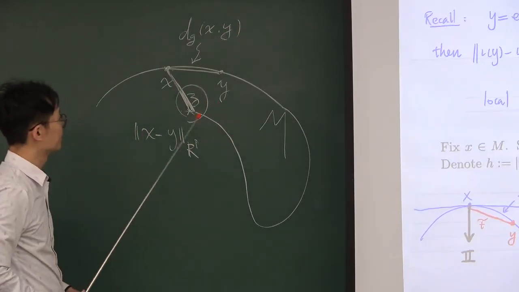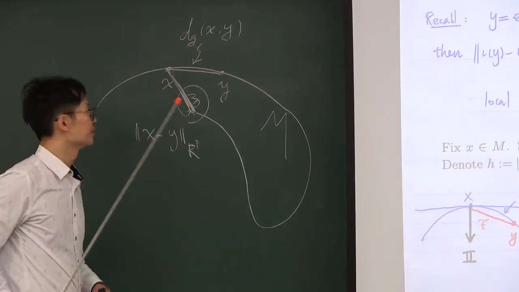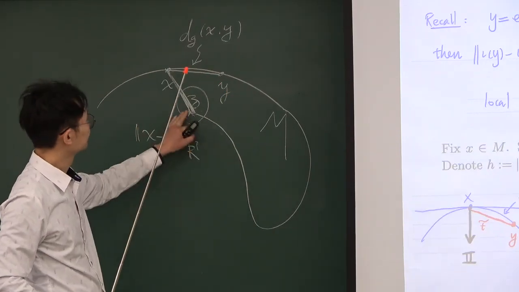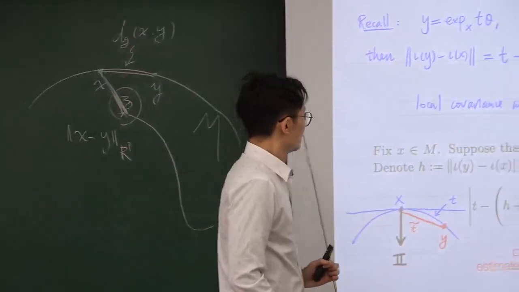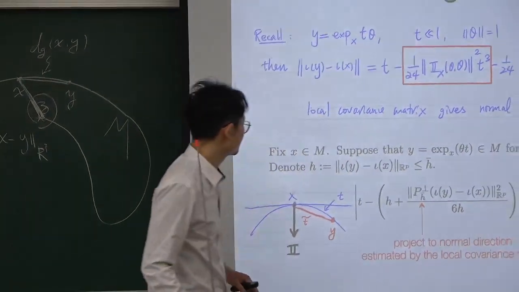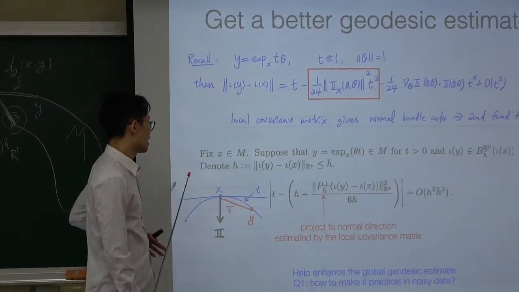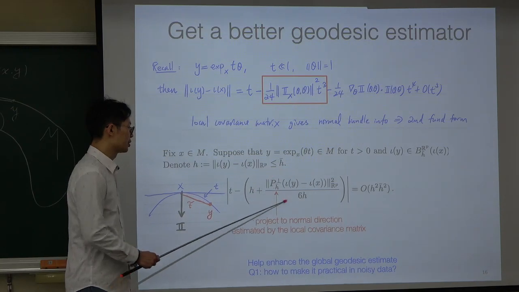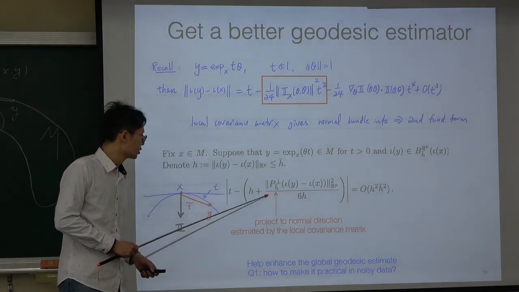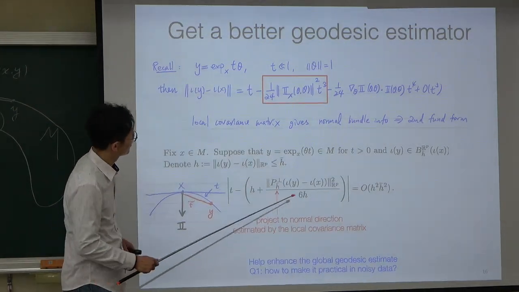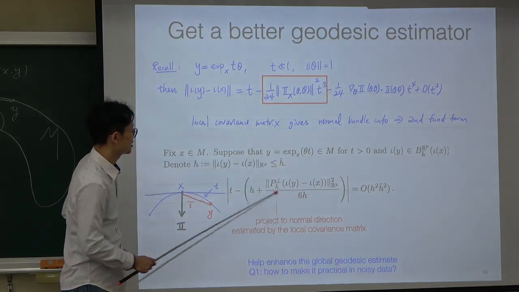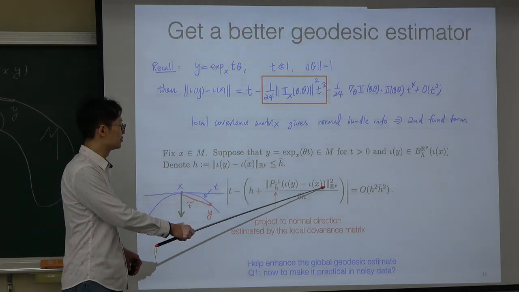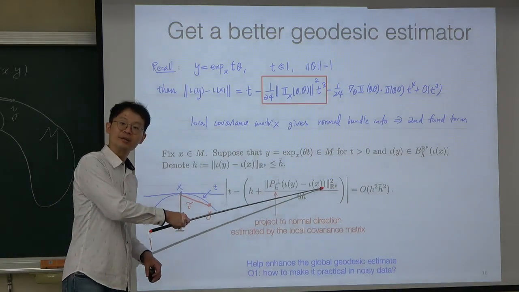So if you take a look at this picture, you can see what's really going on. Suppose this M is a one-dimensional manifold. And what you can see is that if you do some correction using the normal direction, which I will not go into detail, we will have a separate lecture discussing how to analyze the local covariance matrix and everything, including Hessian and so on.